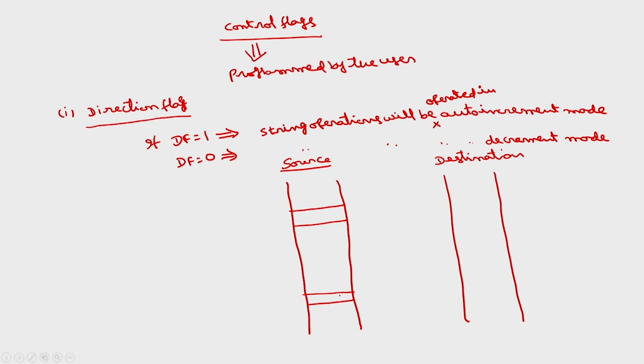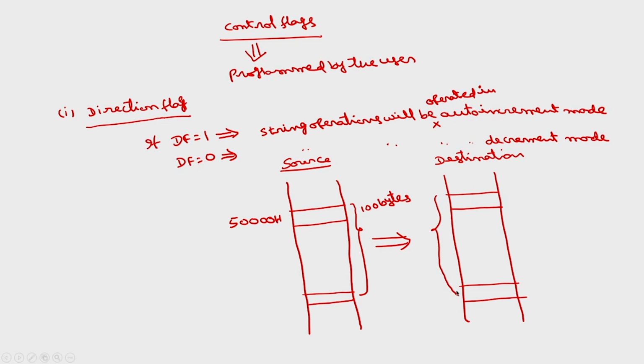I want to transfer 100 data from source to destination. Say the starting address of the source is 50,000H. If you want to transfer 100 bytes, decimal 100 bytes, to here, it is a block transfer.